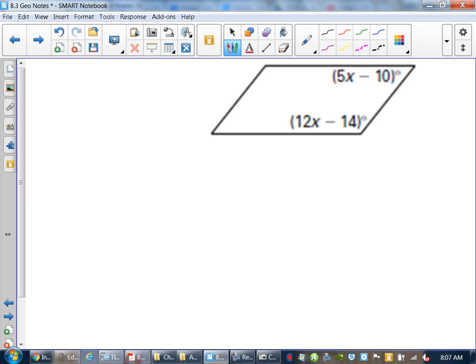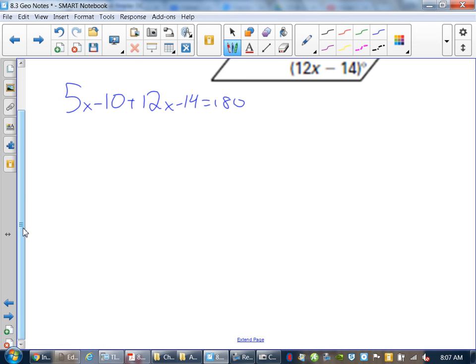All right. So what do you do? Equal to 180. Ladies and gentlemen, I saw this happen so many times. People tend to have a giant brain fart when they have multiple things to do.